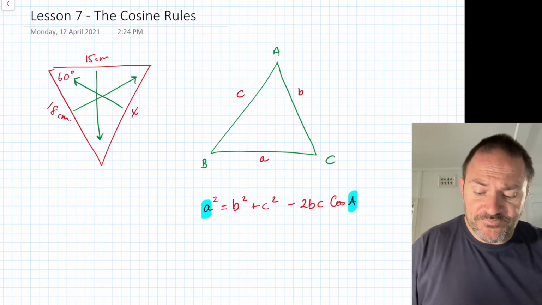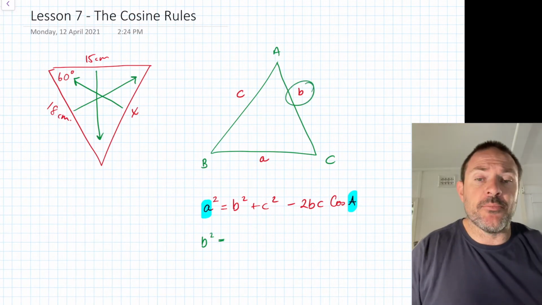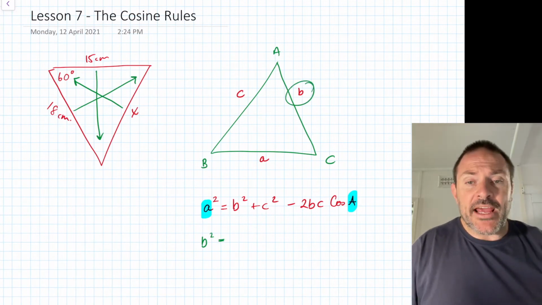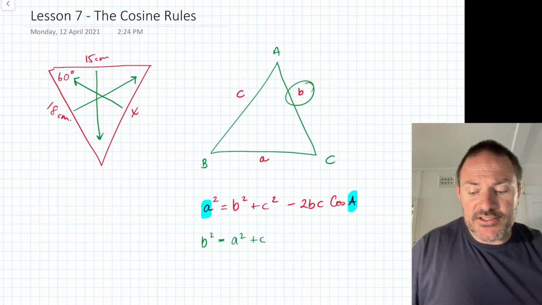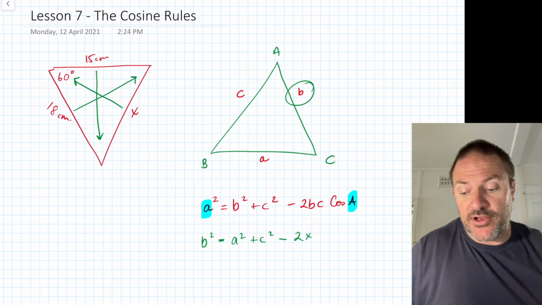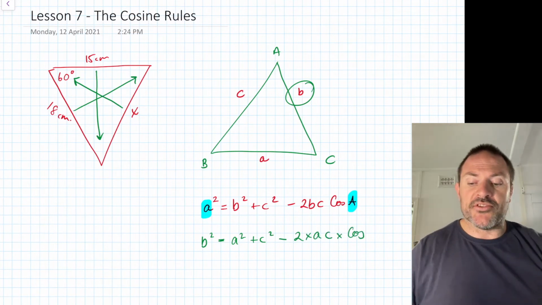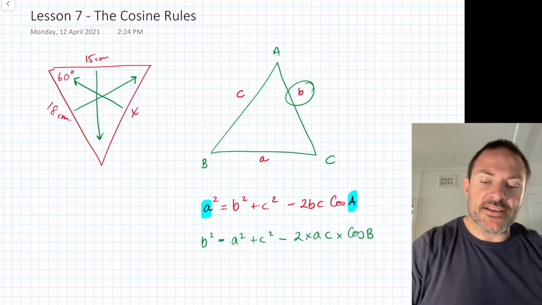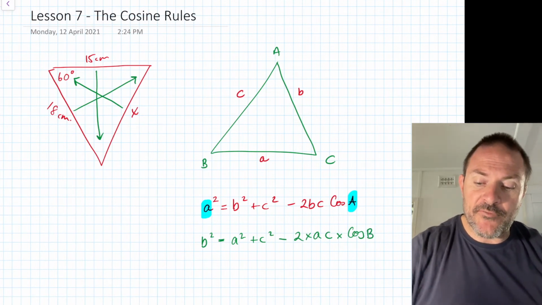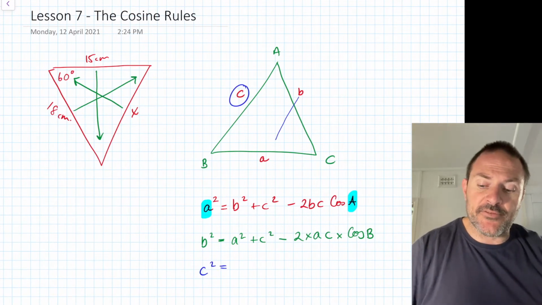For example, what if I applied this rule to the B side? Find the B. Well, we only have two sides left: the C and the A. So it'd be a squared plus c squared minus 2 times those two sides we just had, times the cosine of what's opposite little b, which would be capital B. Likewise, what if I want to find the value of c? c squared equals, well, I've only got two sides left, the a and the b.